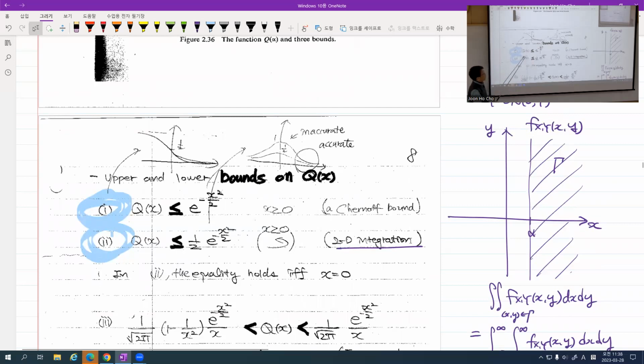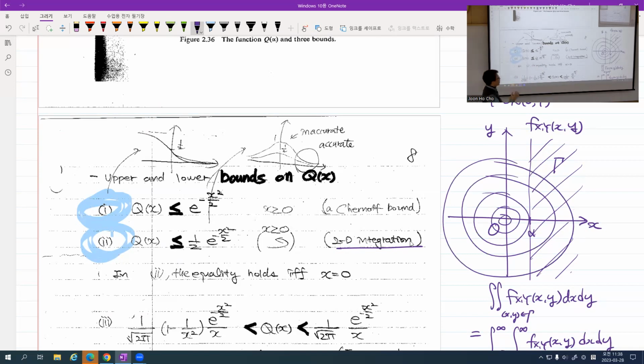In order to find the tail end probability of a one-dimensional Gaussian, it's very hard. So you consider this as a part of a two-dimensional object. What you think of is an IID Gaussian, then you have the contour of this joint density, and then consider that area for the integration.